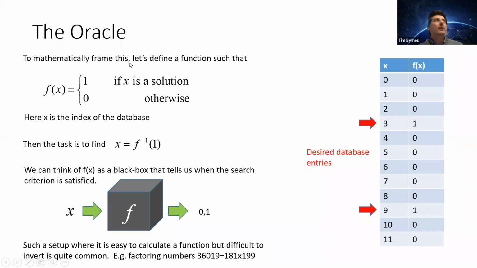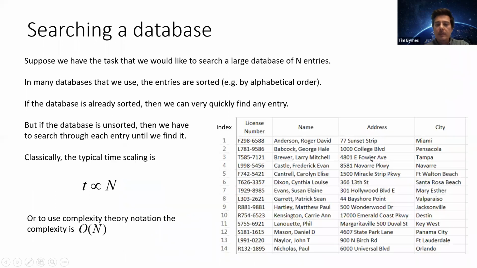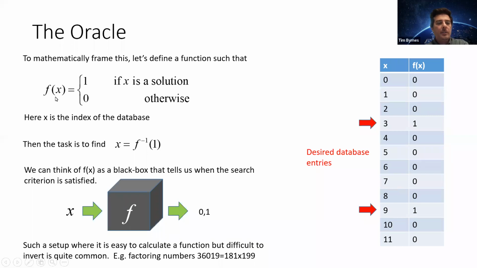We already heard something like this in the previous slides, for example in Deutsch's algorithm, where we also talked about an oracle. Basically, instead of having this database with numbers and names and stuff, let's just have a function.